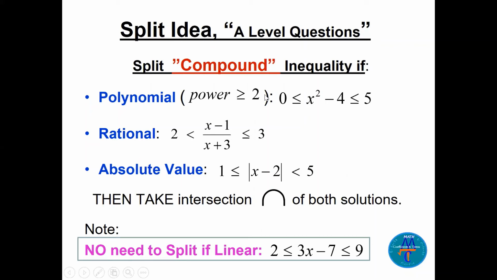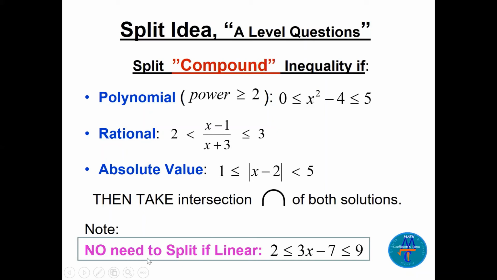Split the compound, when you have 2 inequalities here. You split if we have a polynomial. We did this example here, an old exam question in the practice. You can do it in lecture 25. See, we have not linear here.